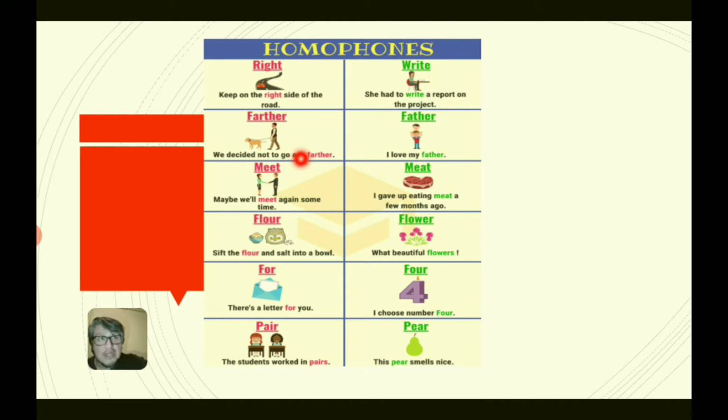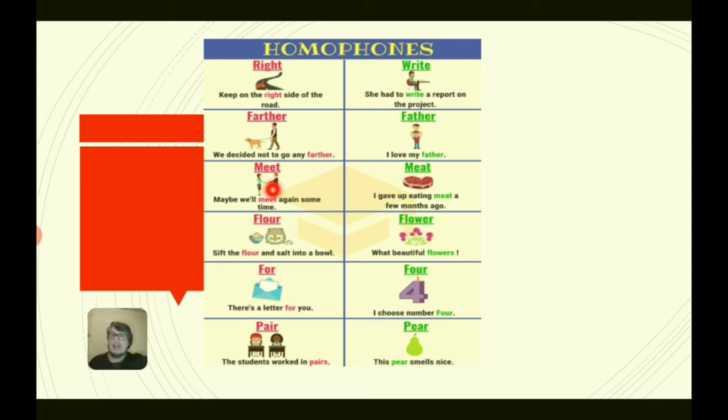We decided not to go any farther. We decided not to go beyond, not to go there. Only until here. So we decided not to go any farther. And I love my father. Sounds very similar. Not the same, but very similar.